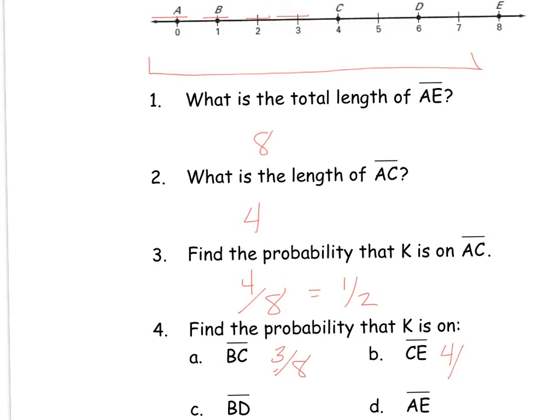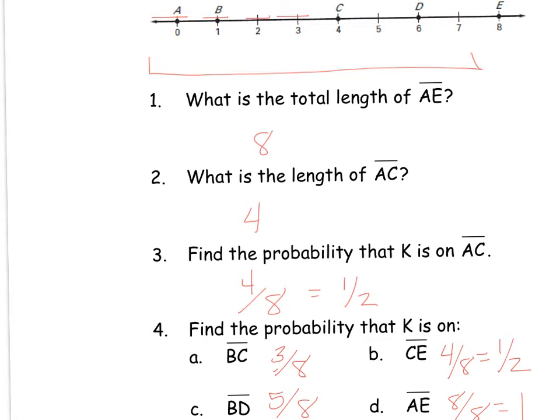So it'd be 4 out of 8, which is 1/2. BD, 1, 2, 3, 4, 5 out of 8. And AE, well, the whole thing is AE is 8, and AE is 8, so it'd be 8 over 8, which is the probability is 1.